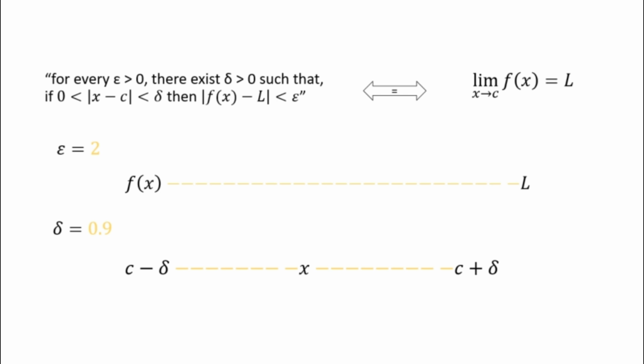Now, if the distance from f of x to L remains smaller than the given epsilon for all the values that satisfy the delta restrictions, then the doubter will have to look for another epsilon value, smaller of course, from which the convincer will try to adjust its delta response.